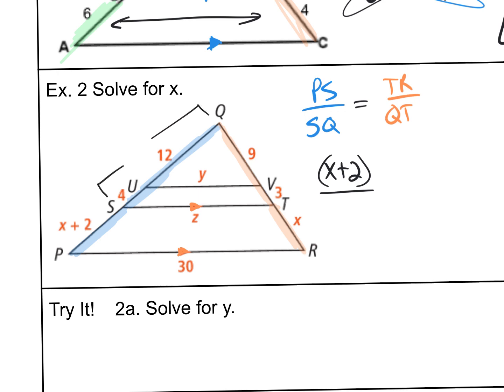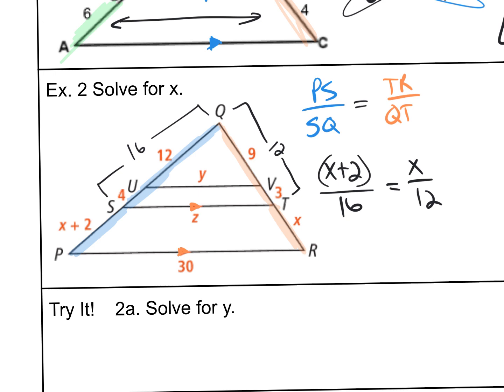So the 4 and the 12 combine to make 16. On the other side, TR ends up being a distance of X. And then QT, once again adding up the two little pieces we know, ends up being a distance of 12.